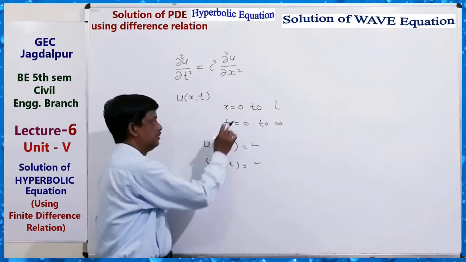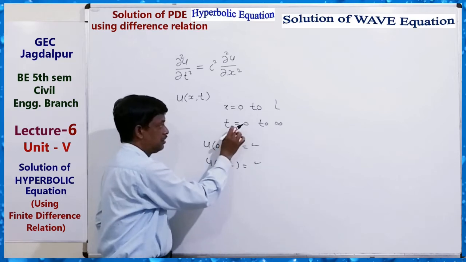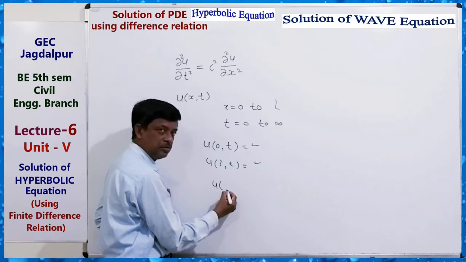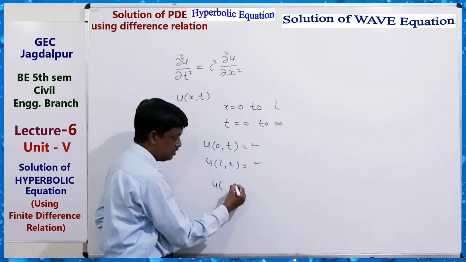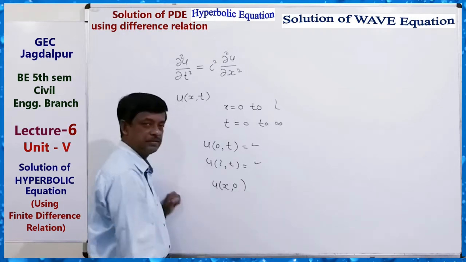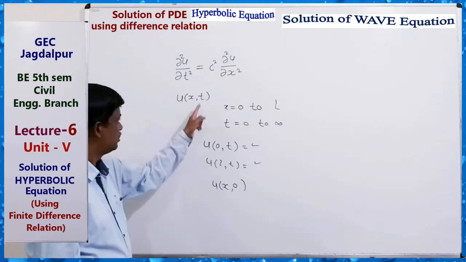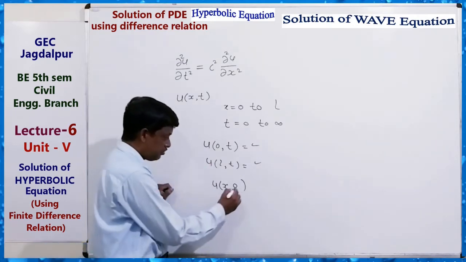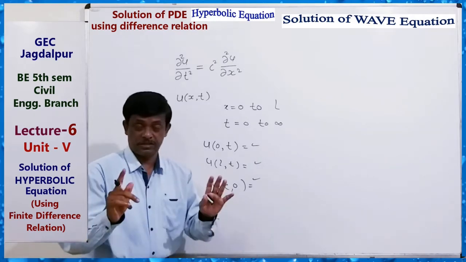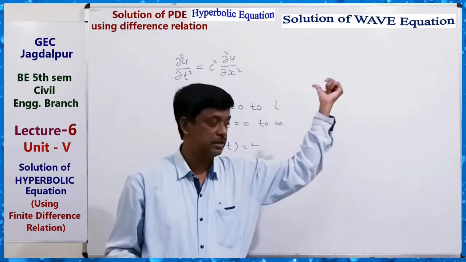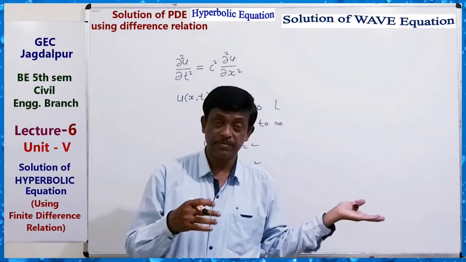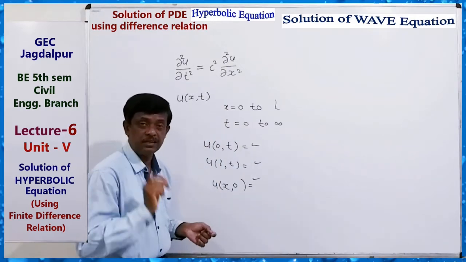And at time t equals 0, that means u(x,0), x may be anything, this is the first initial condition, and it will be something. The main difference from the heat equation, which we saw in the previous class, is that there we had only a single initial condition.